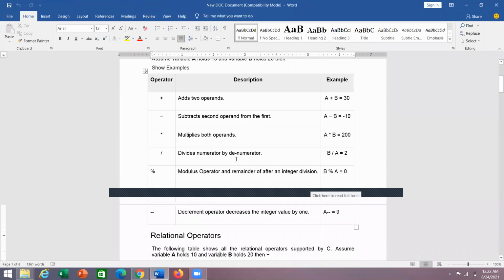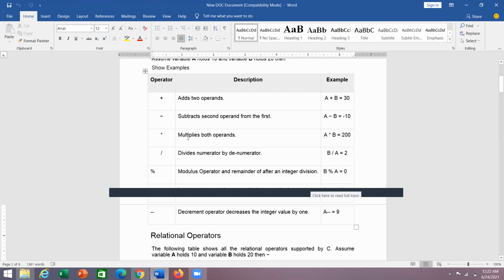The first is plus, used as addition. That means we can add two operands: a plus b equals 30. Minus subtracts the second operand from the first, so we subtract the two operands; one value is subtracted from another value.